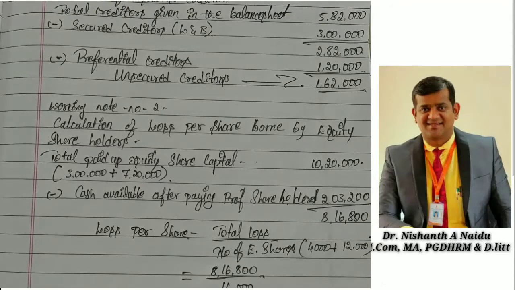Now divide 8,16,800 by 16,000. Loss per share is 51 rupees 05 paise.